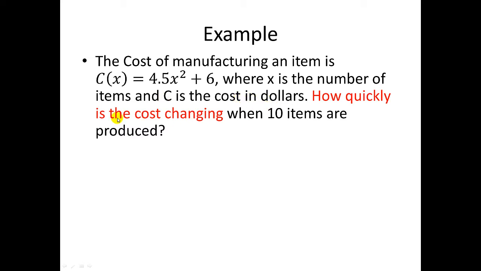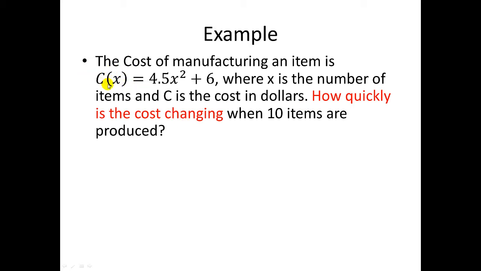How quickly is the cost changing when 10 items are produced? That's a key word there, quickly. If you are asked how quickly, you are looking for an instantaneous rate of change because it says when exactly 10 items are produced. So how quickly is the cost changing means find the IRC.